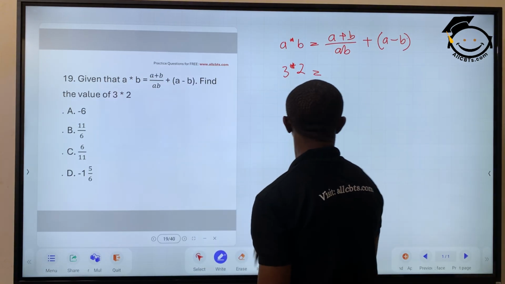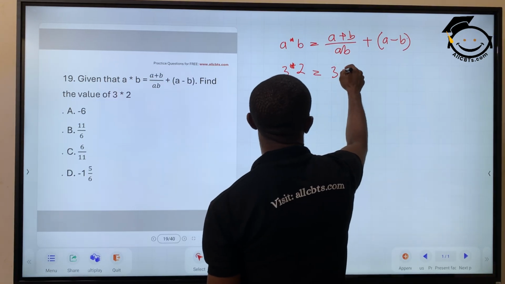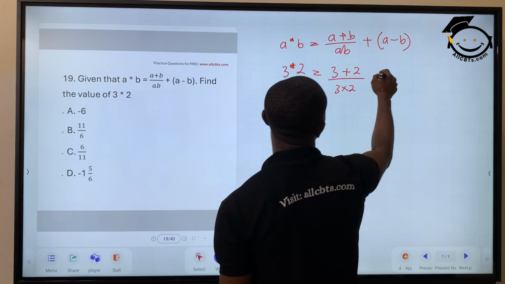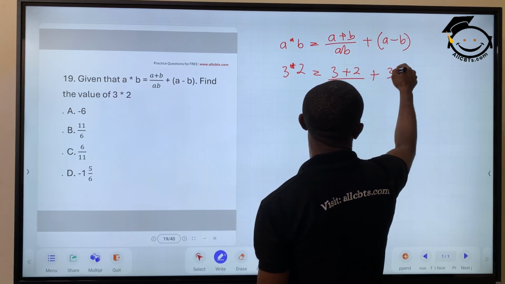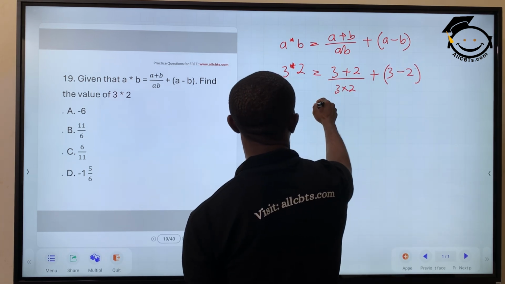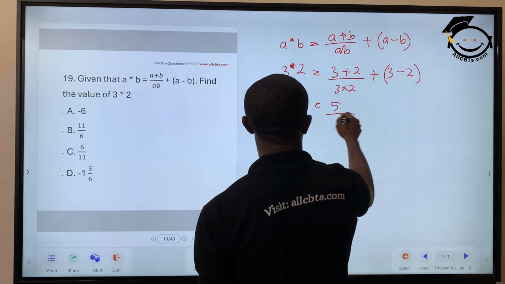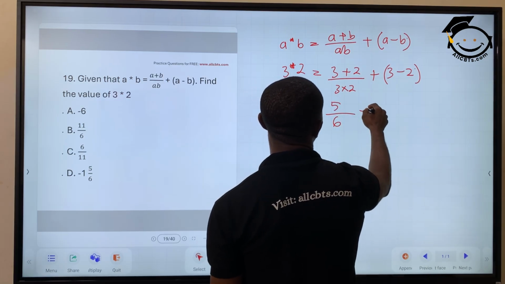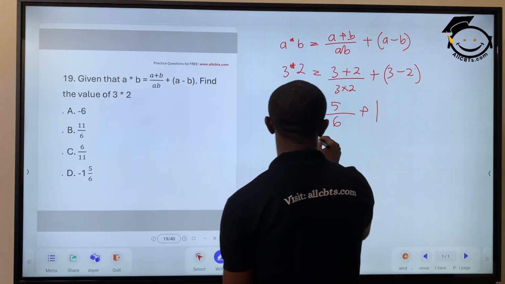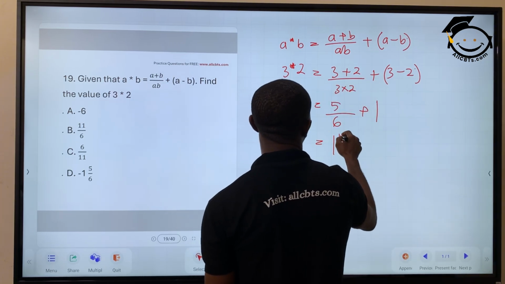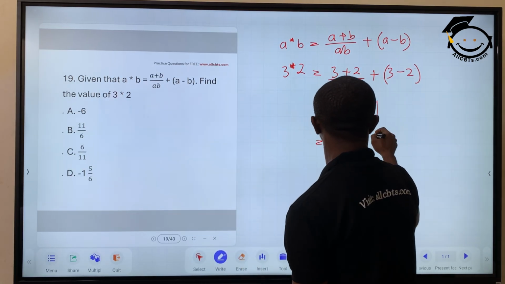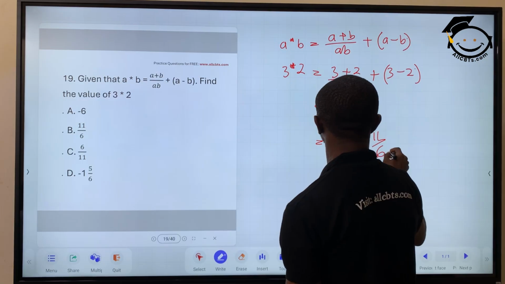Now 3 asterisk 2 would be 3 plus 2 all over 3 times 2 plus 3 minus 2. Okay, now 3 plus 2 gives us 5 all over 3 times 2, 6, plus 3 minus 2, 1. So this gives us 1 whole number 5 over 6. So improper fractions would be 11 over 6.